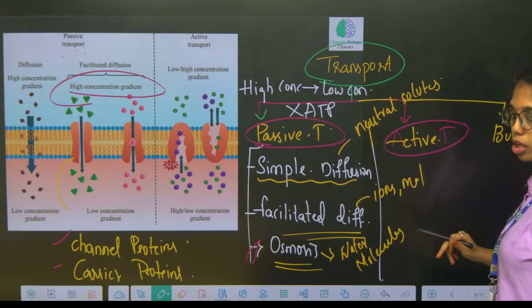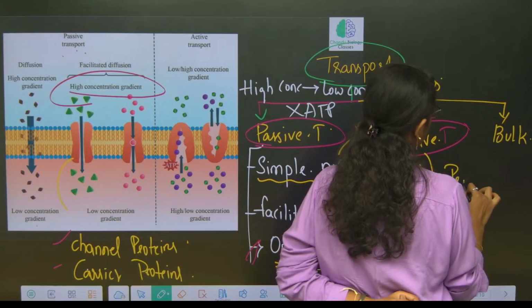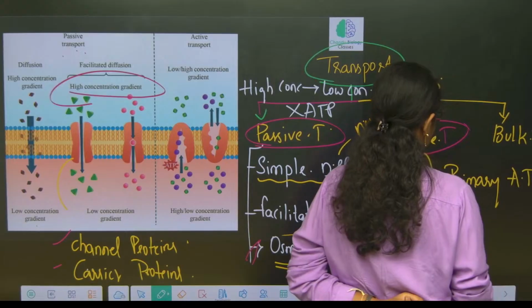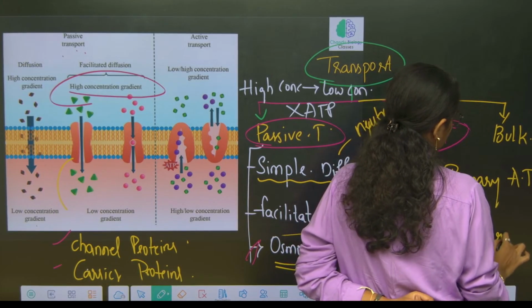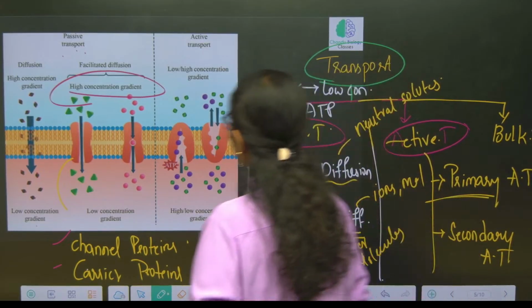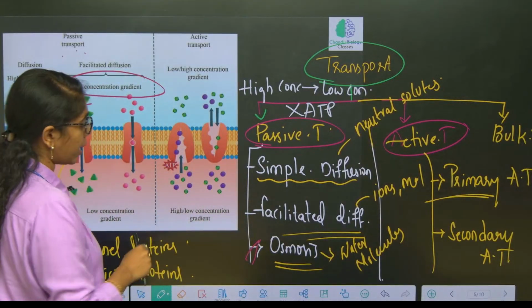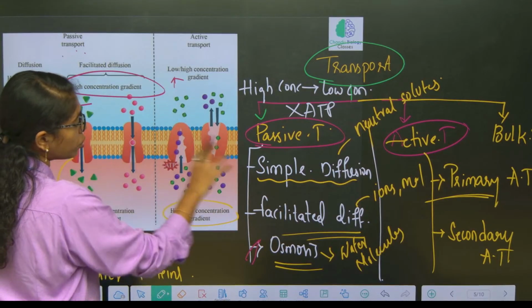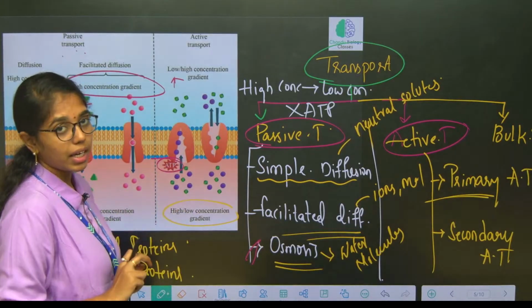Active transport is also of two types. One is primary active transport, second will be secondary active transport. Primary active transport is movement of molecules against the concentration gradient, that is from low concentration to high concentration through the semi-permeable membrane, where ATP energy is required.